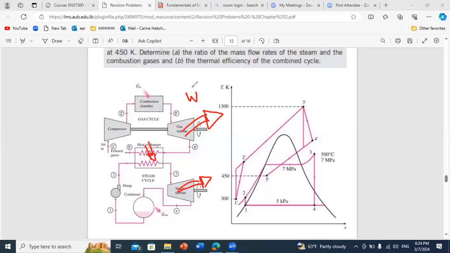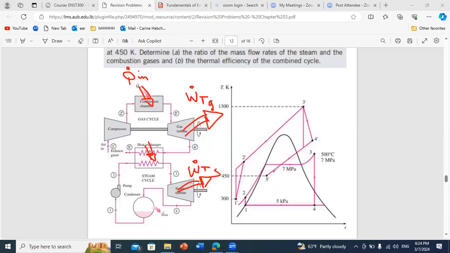You have W dot of the gas turbine plus W dot of the steam turbine, and you have just one input, at the combustion chamber. This is your only source where you put energy. So you can expect to get a high efficiency when you combine these two cycles. This is the idea of CCGT, or combined gas steam cycle systems.